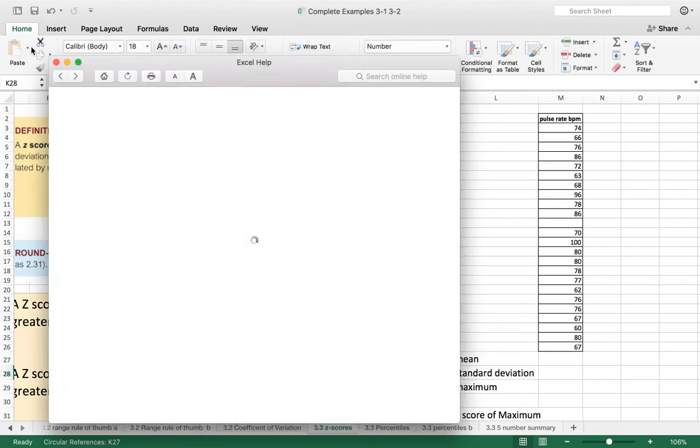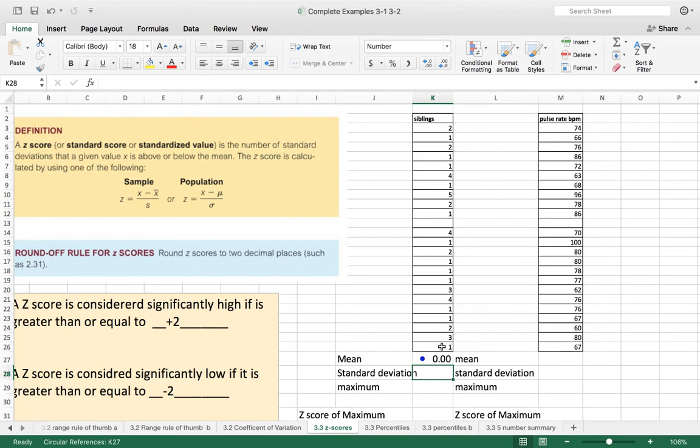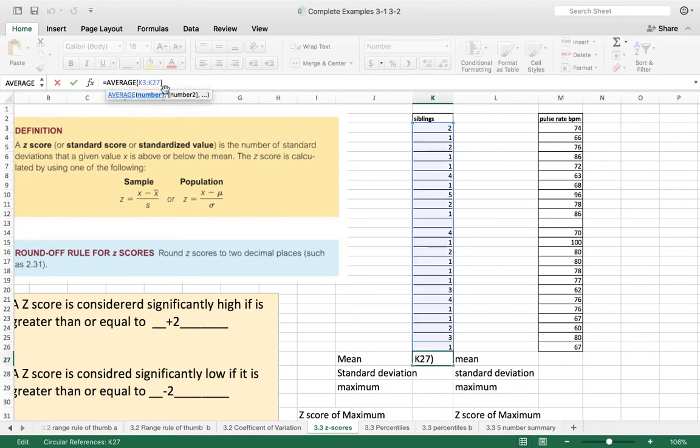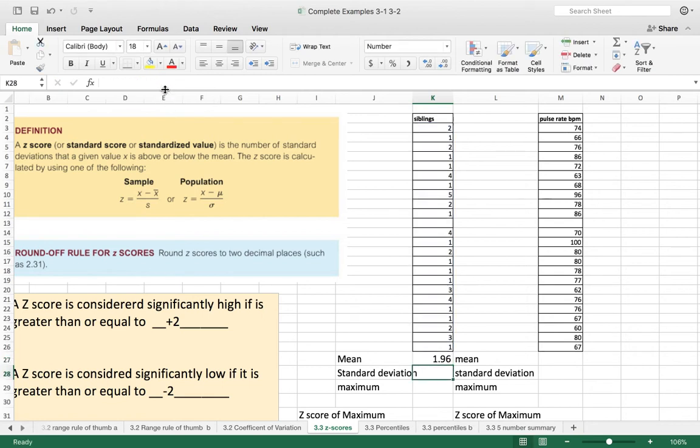So I need to fix that. When it says circular reference, what it is, I accidentally selected the box that I want the reference to go in. So I had to go from K3 to K26, find the average. Okay, the average is 1.96.